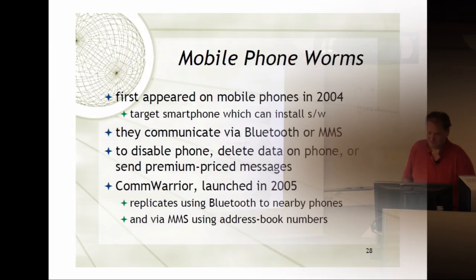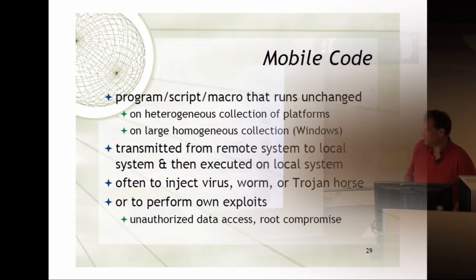We talked about mobile phone worms, but let's talk about mobile code. That is completely different. Mobile code is, as you see, program, script or macro that runs unchanged on different types of platforms. So it can attack, for instance, both Windows and Mac OS. Then it's a mobile code because it can move from one platform to another.